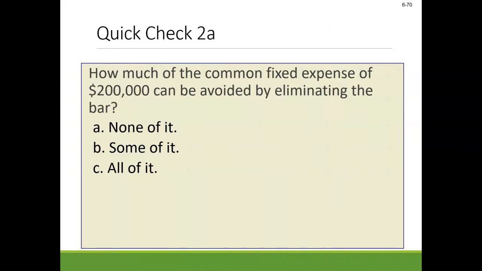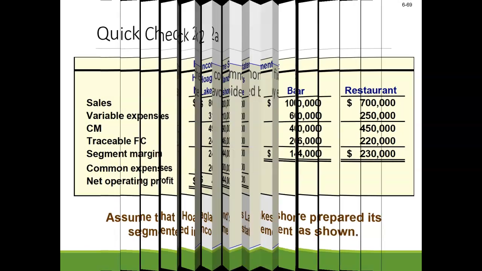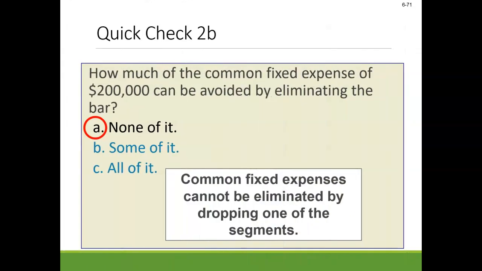How much of the common fixed expense of 200,000 can be avoided by eliminating the bar? Can any of it? No. Remember, the whole purpose of these common costs is if one part gets dropped, those costs are still here no matter what.